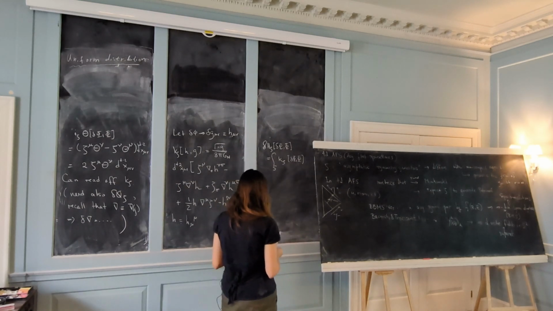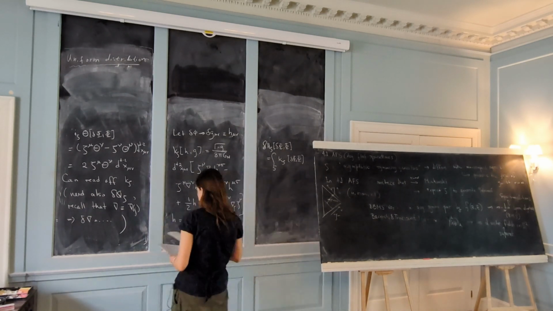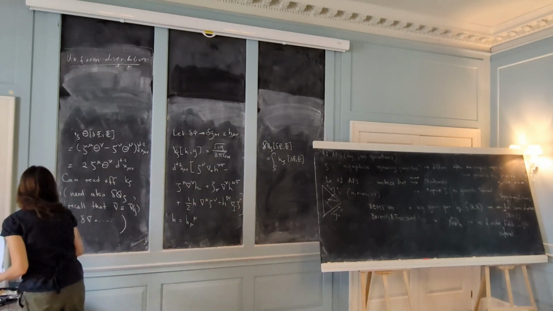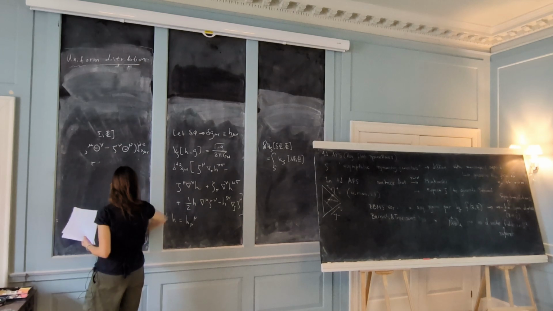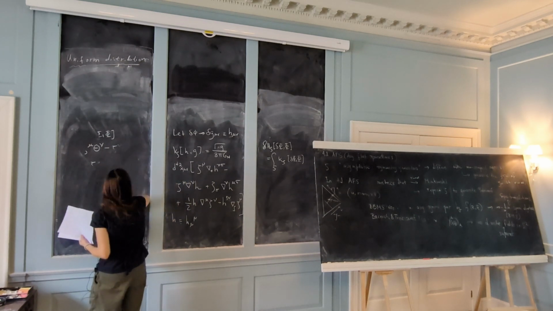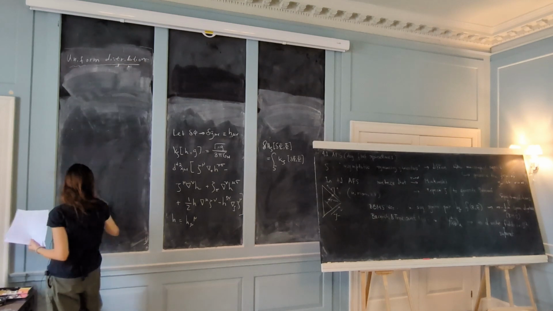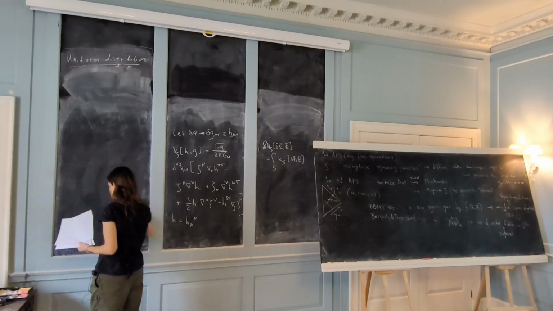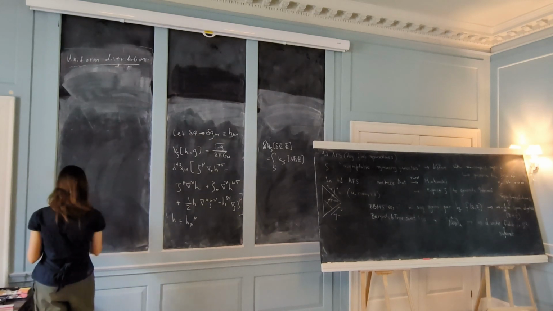So how do we find them? The idea is that what we want to look for is diffeomorphisms that preserve the metric at infinity.